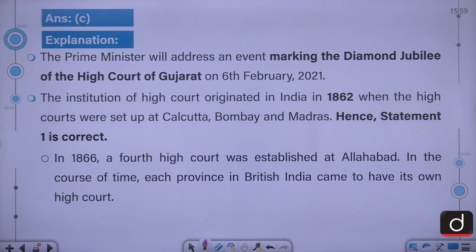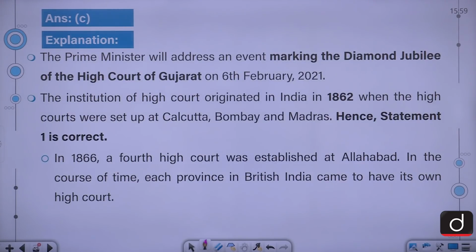The Prime Minister will address an event marking the Diamond Jubilee of the High Court of Gujarat on 6th February 2021. The institution of the High Court originated in India in 1862 when High Courts were set up at Calcutta, Bombay and Madras. In 1866, a fourth High Court was established at Allahabad.